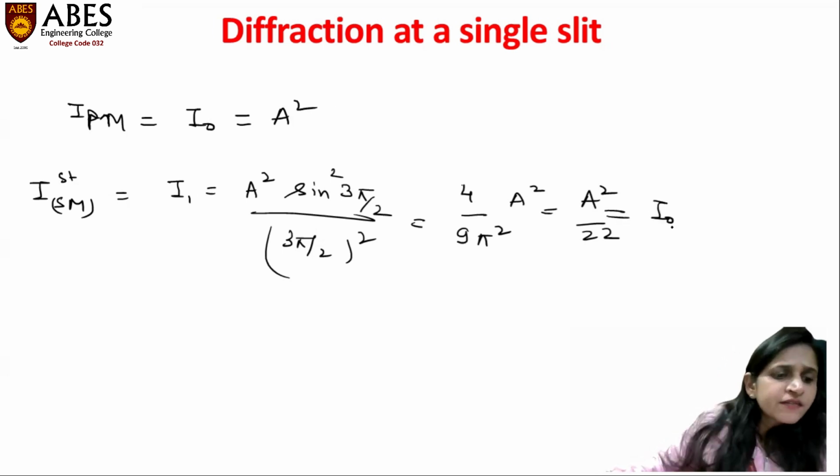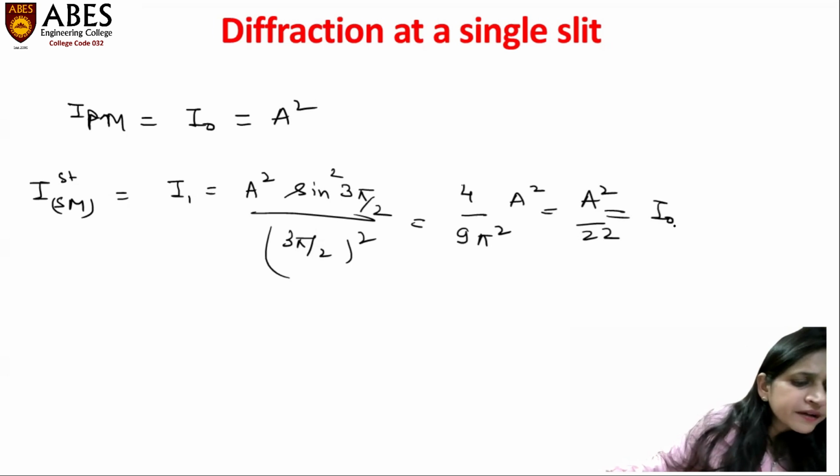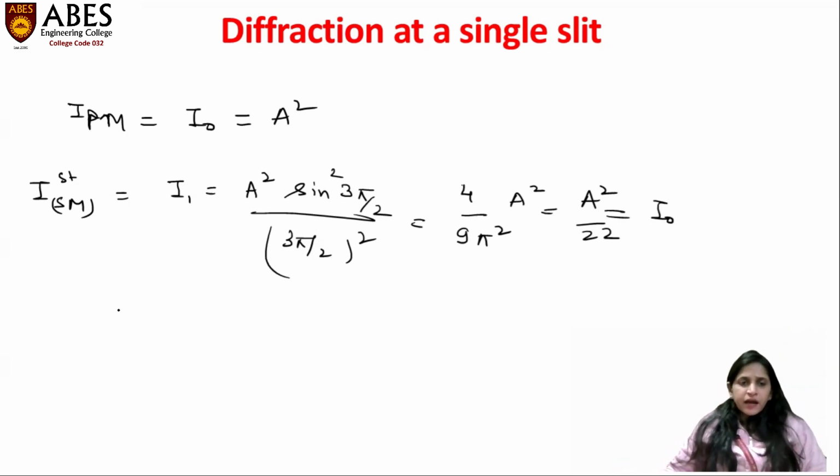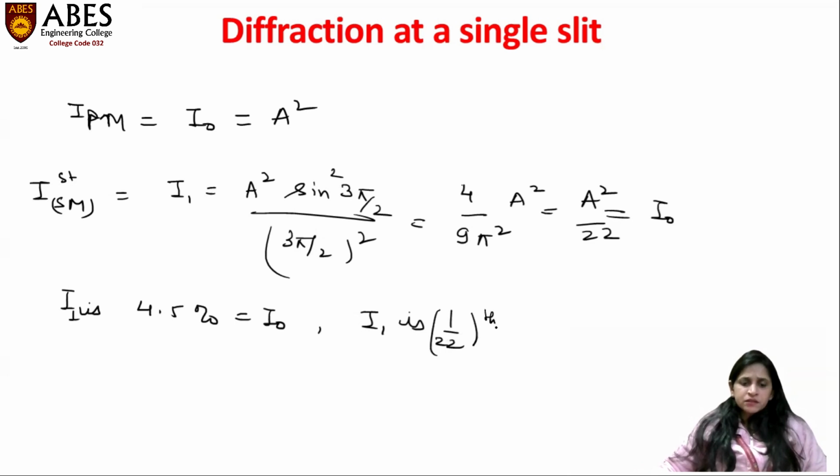So easily we can conclude from here that I1 is 4.5% of I naught, or the intensity of secondary maxima I1 is about 1 by 22th of the intensity of principal maxima. Okay, similarly, we can calculate for other intensities.